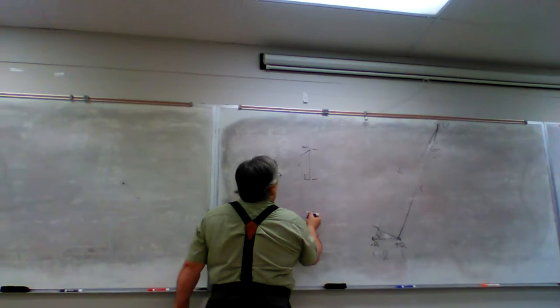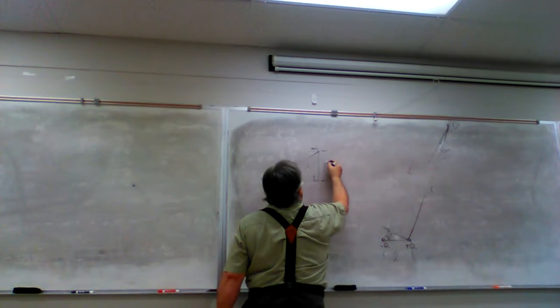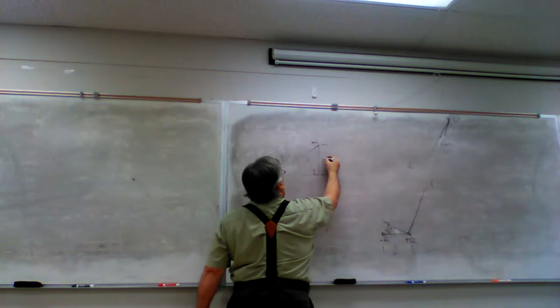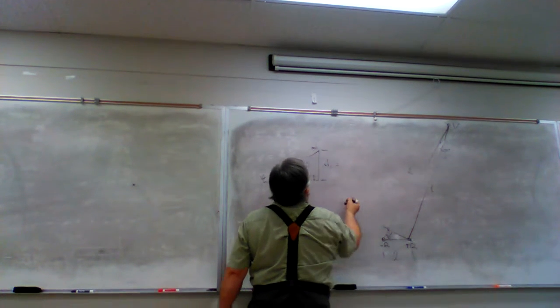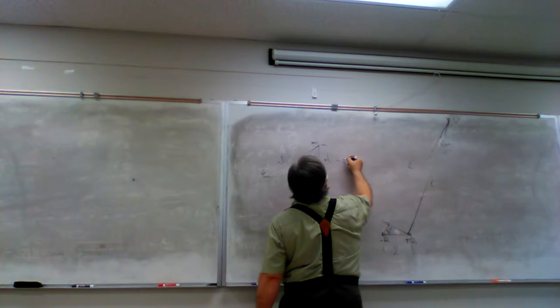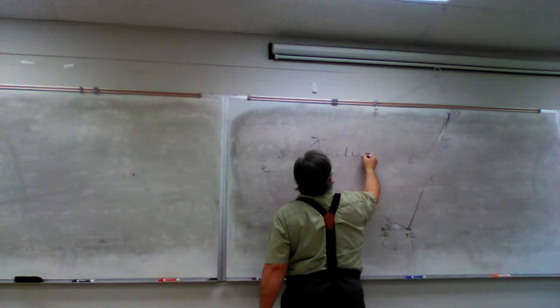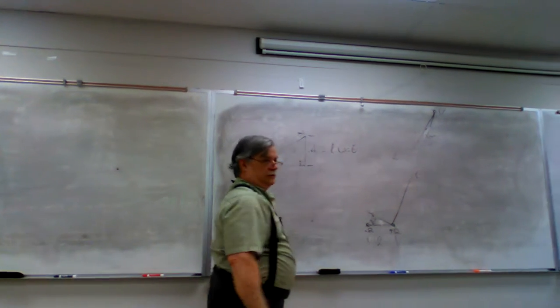Anyway, what we want to know is this distance here, which is the adjacent side of the right triangle. And it is going to be equal to L times the cosine of theta.